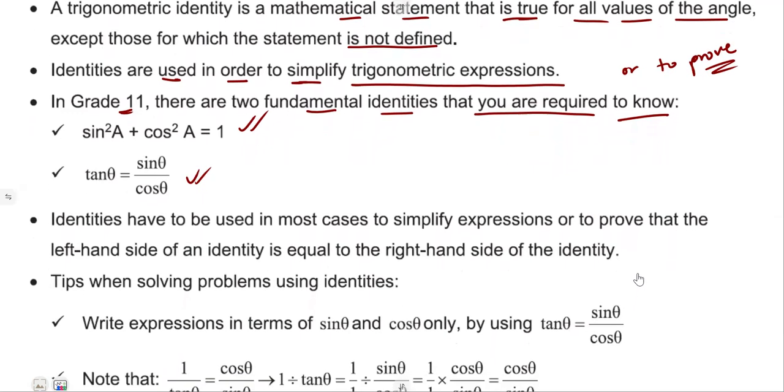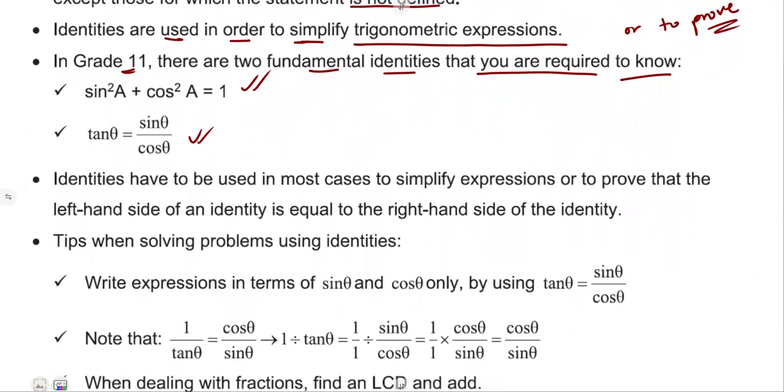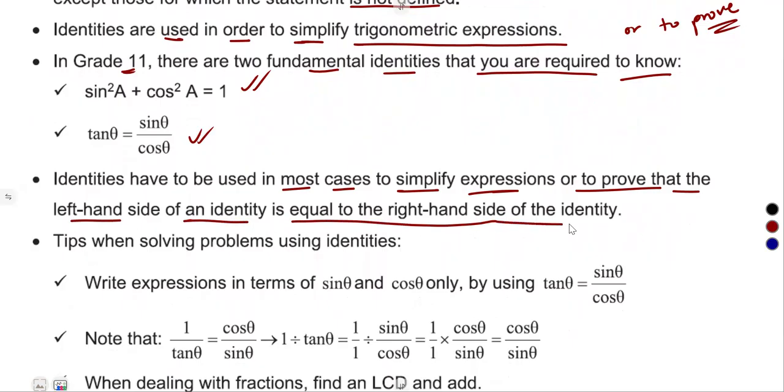All right. Anyways, identities have to be used in most cases to simplify expressions or to prove that the left-hand side of an identity is equal to the right-hand side of the identity. Proving that the left-hand side must be equal to the right-hand side is another aspect you are supposed to know.